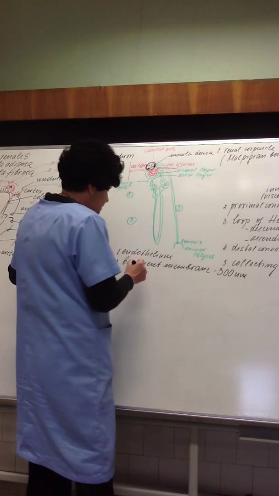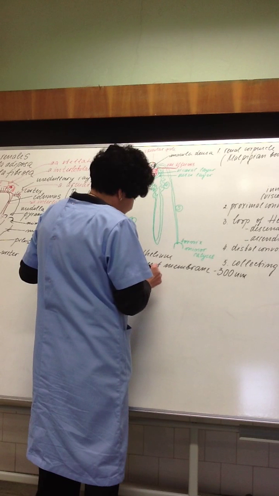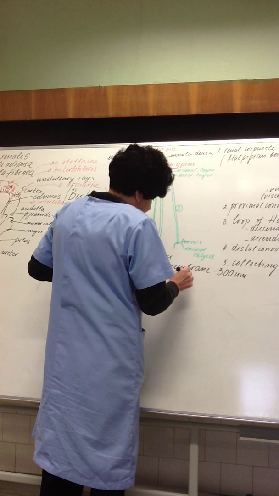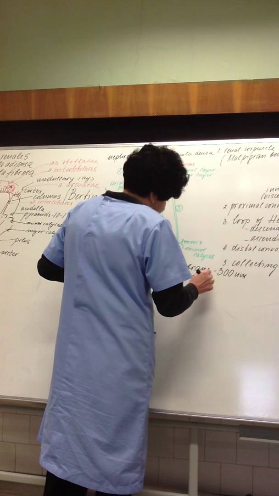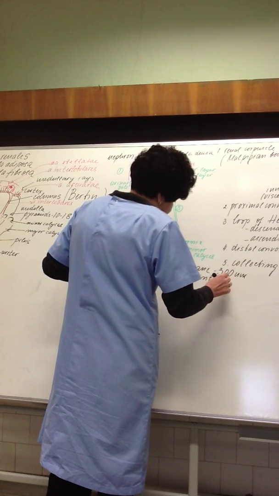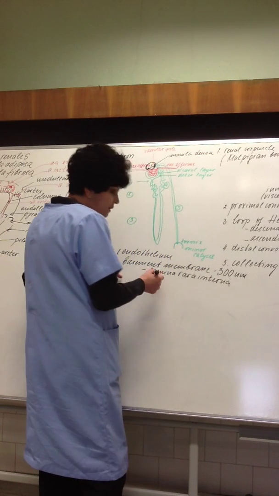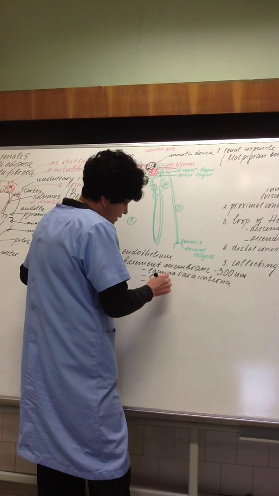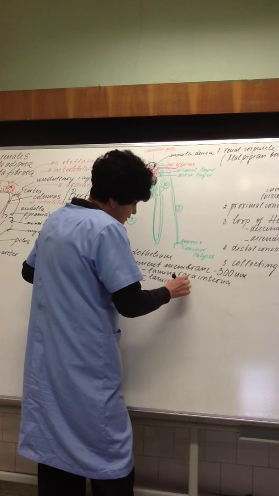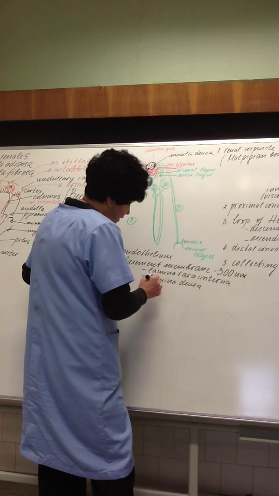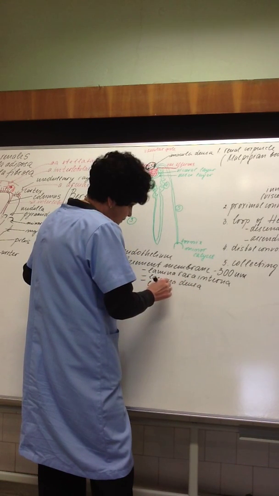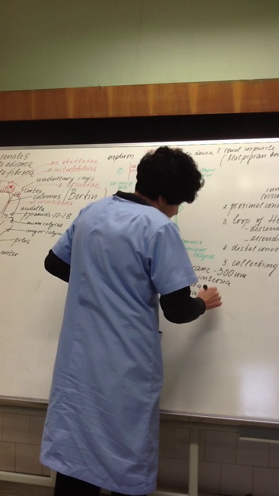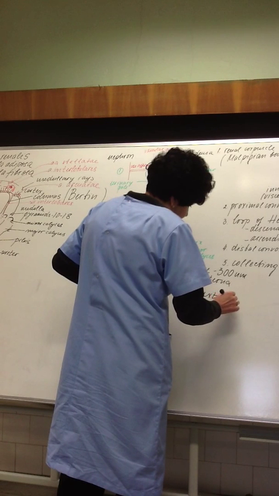The basement membrane has 3 layers. Lamina rara interna. Under the electron microscope, the electron dense lamina densa, and lamina rara externa.